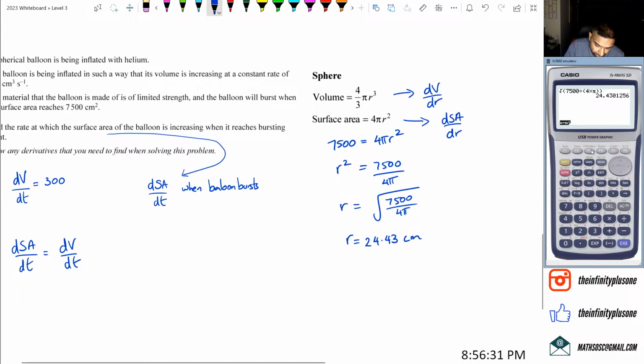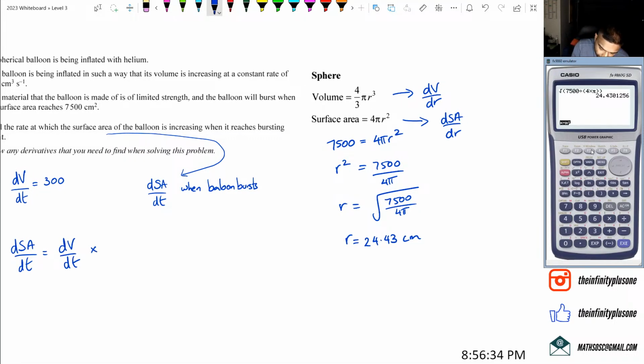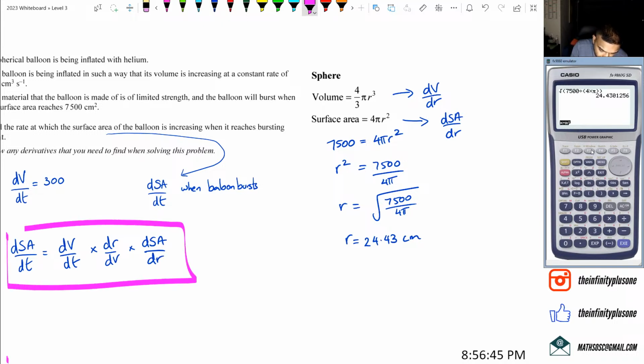So straight away I can get rid of the dV by flipping it upside down. I'm going to get dr/dV times dSA/dr. Remember, this is the pink box that I was talking about. Coming up with this equation is the important part of this question, because once you come up with it, everything really just falls into play.